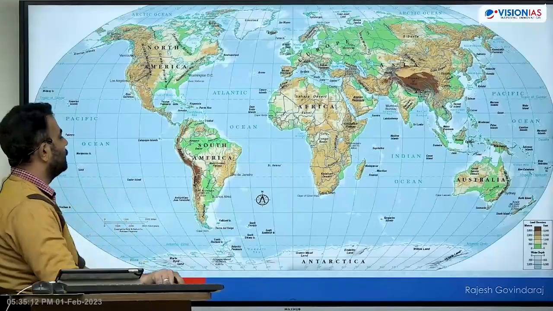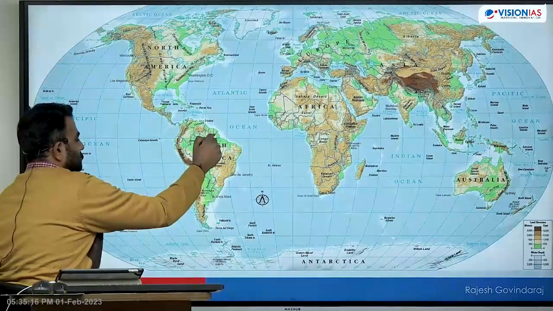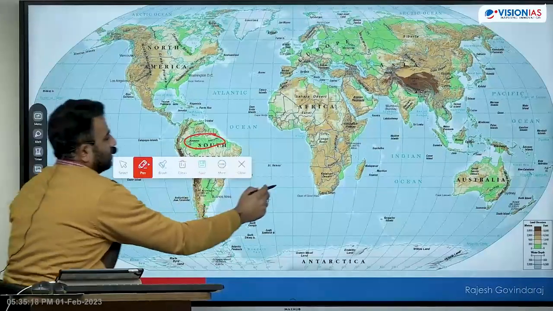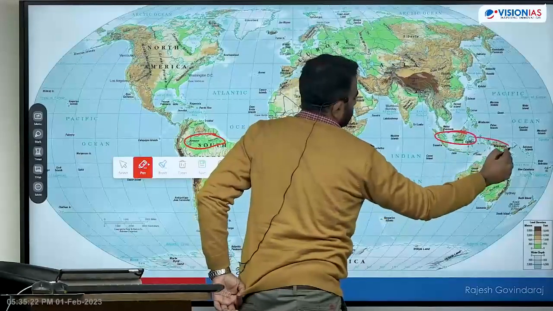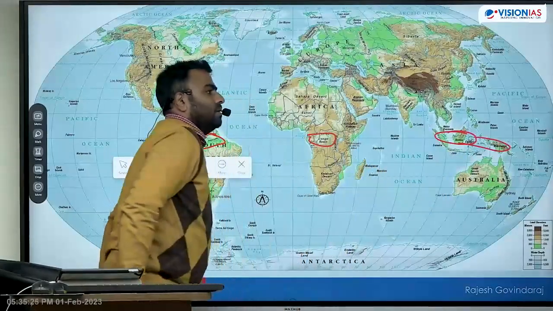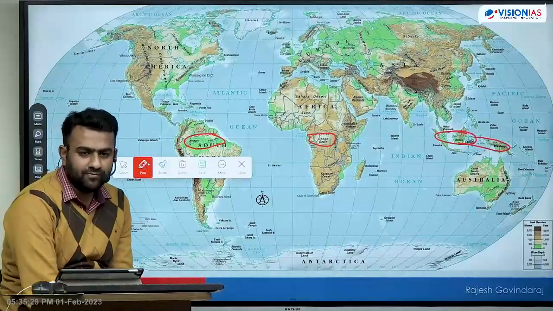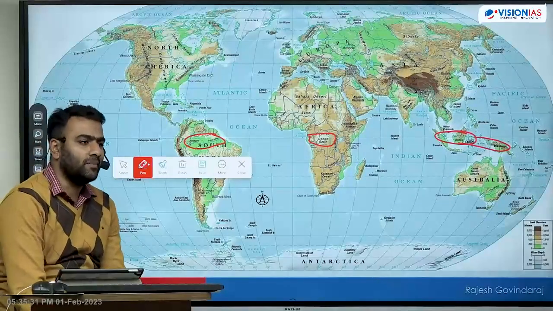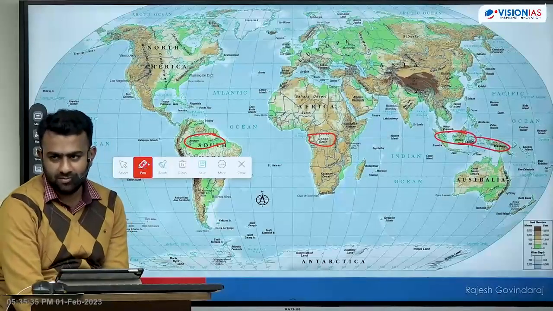So hot and wet equatorial climate is present in this part, as well as in this part. So this is all one climatic region. सारा मिला के हम एक climatic region बोलते हैं, because there is a uniformity of climatic conditions here.